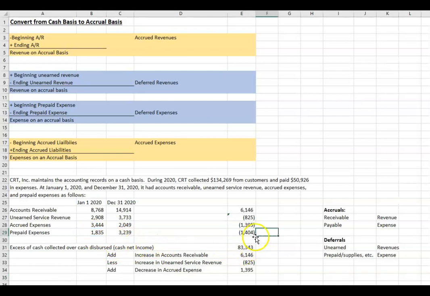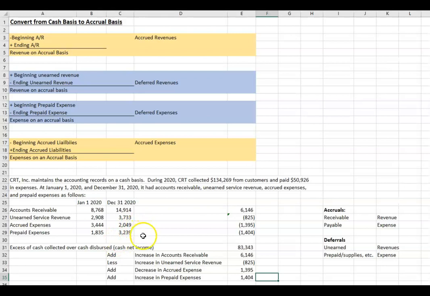Remember, that's what its impact is on expenses. So let's go describe it first. Our prepaid expenses went from $1,835 to $3,239. So we had an increase in prepaid expenses. All right, and if expenses went down, then that adds to net income in the amount of 1404.